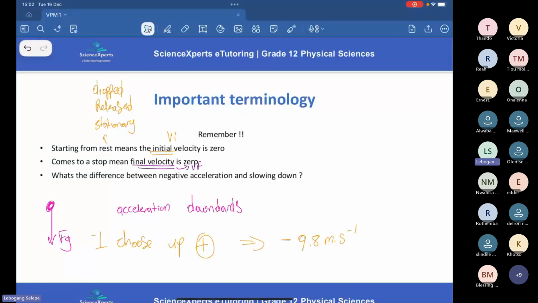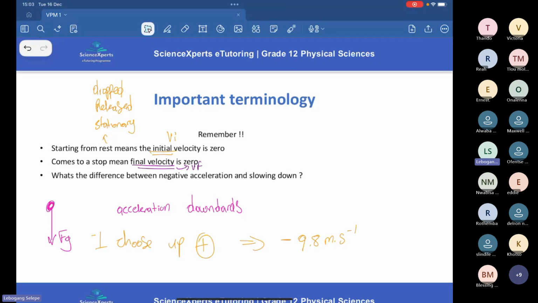If your velocity is positive as well as your acceleration is positive, then you are speeding up. If your velocity is negative as well as your acceleration is negative, you are speeding up. So if your acceleration and your velocity are in the same direction, you are speeding up. But if they are opposite, if your acceleration is down but you are moving upward, then you are slowing down.